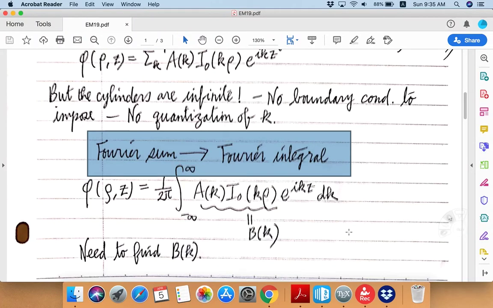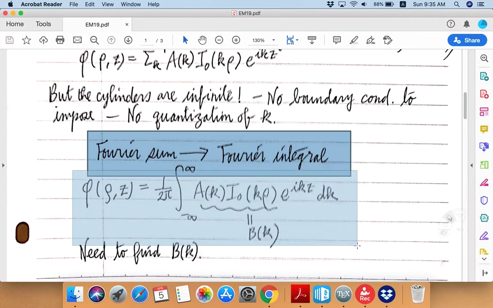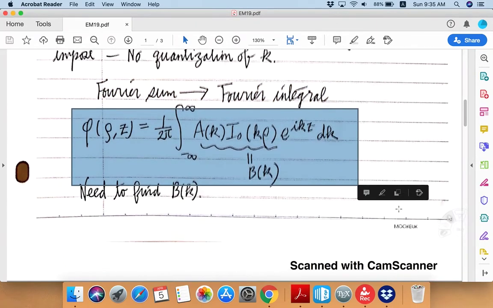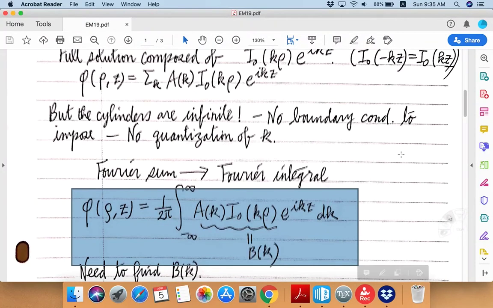And I do sincerely hope that you are already familiar with this procedure of going from the sum to the integral when the wave number is allowed to change continuously. I have to skip the small necessary mathematical intermediate steps and just jump to the conclusion: this is what you get from writing the potential as a Fourier integral.